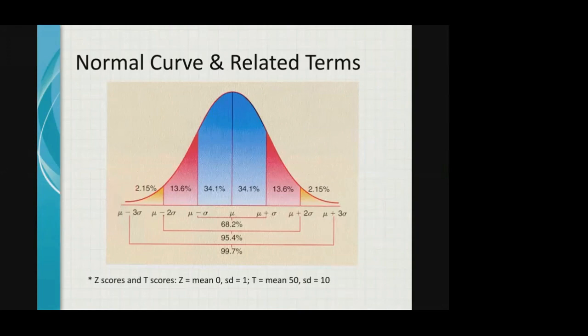And then from -2 to +2 is always going to be 95%. So from here to here. And then 99.7 is always going to be ±3. So obviously that leaves very little out here in these extremes. So most of our scores, almost all of our scores, are going to fit into ±3 standard deviations when we're looking at the normal bell curve.